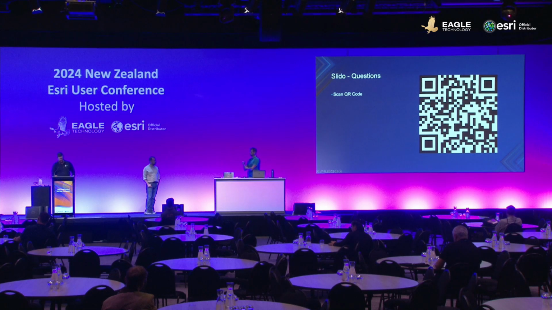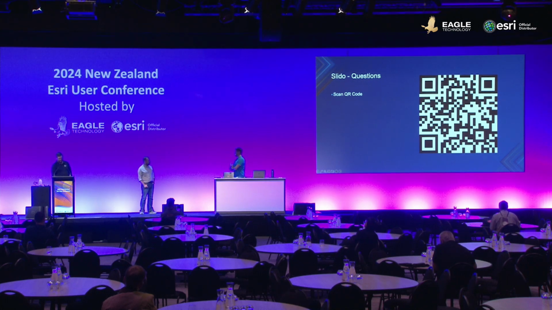So one question was about what I showed with being able to create an image service from a data store, whether you can add an extra image to an existing image service there. Correct me if I'm wrong there. I believe that functionality isn't quite there yet. There are ways with the Python API.